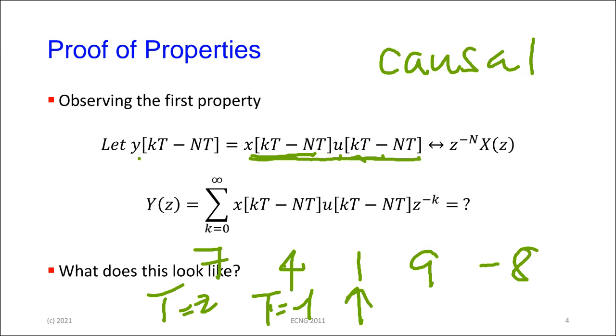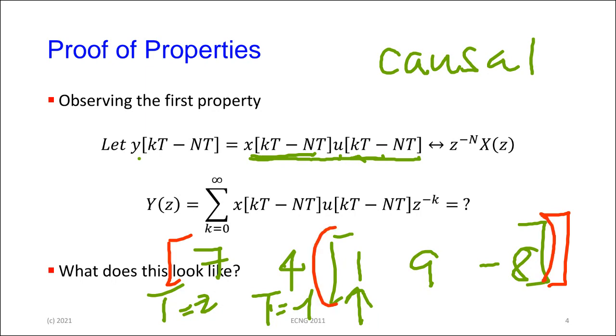Once a signal is causal, this is all we're interested in. To make the signal causal, we could take the whole group of values, and if we multiplied it by a unit step, it would only pick out the ones that started at t equal to 0. All right, so this is making it causal, and then as Sadie said, this is a right shift.